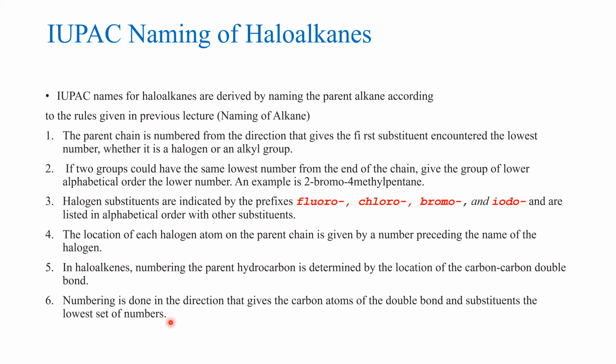So, as I've told you, you will go for the double bond and then for the substituents, so whichever direction gives all these substituents and the double bond, the major functionality, the lower numbers. Now we can do the practice.